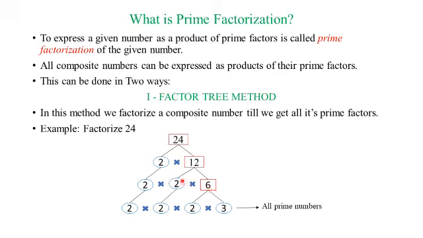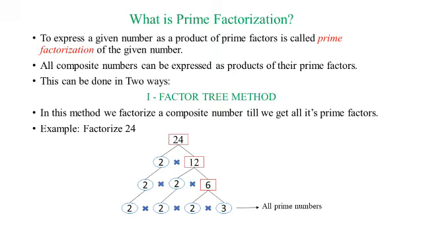Here 2 is a prime number. I circle 2 and 6 is a composite number, so I should split down. Now I bring down these two prime numbers as it is and split down 6 as 2 times 3. Here 2 and 3 are prime numbers, so we circle both of them.